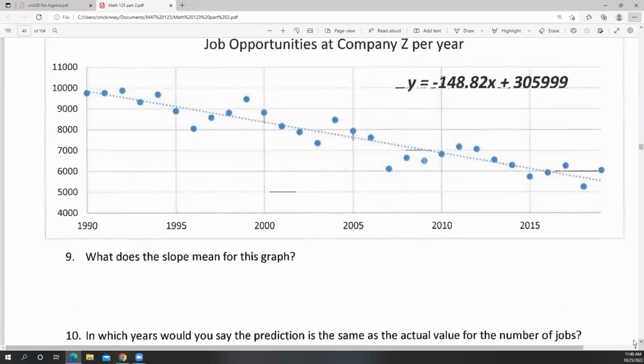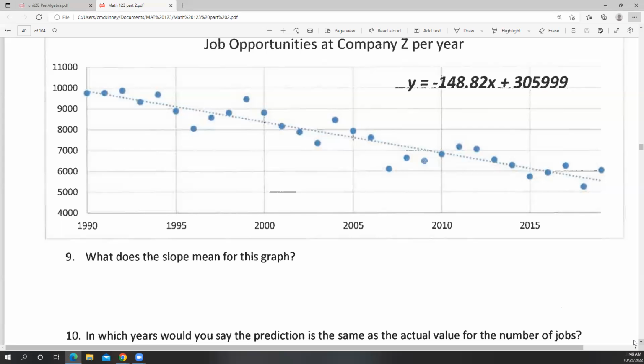And then in which years would you say that the prediction is about the same as the actual? How would we even know that? Do we have to go through and do the math for each one? With the trend crossing in the middle of the dot. Yeah, if we see the trend line is actually going through the dot. So there's some that are really close.